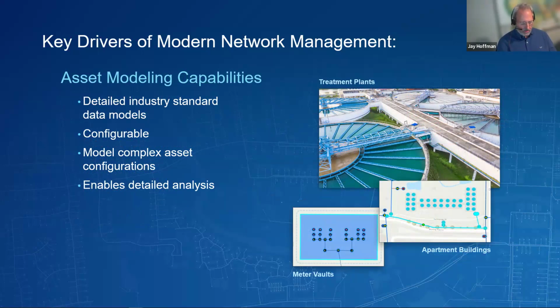And then the likes of access and treatment plants, multi-tenant use, apartment buildings, and other facilities can also be included in the system. Then a more detailed analysis is enabled. And again, we'll show some of that as well.